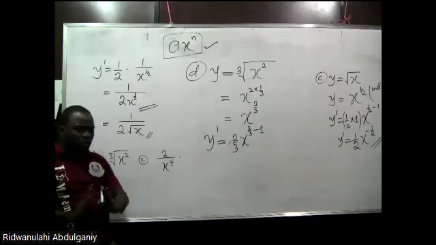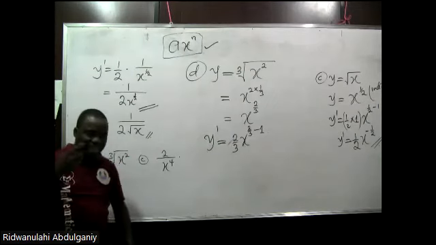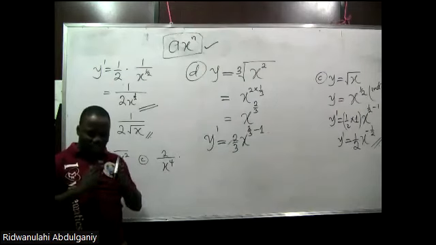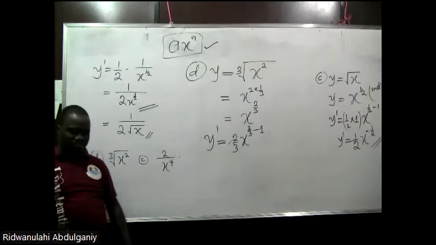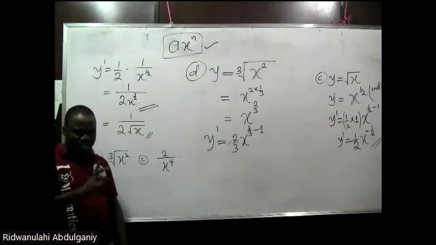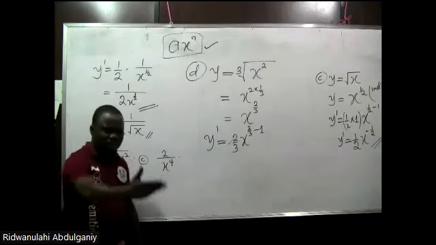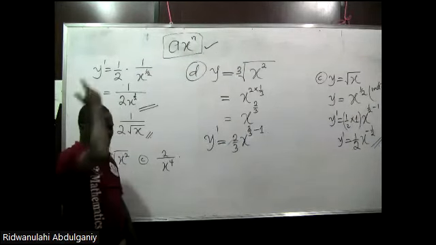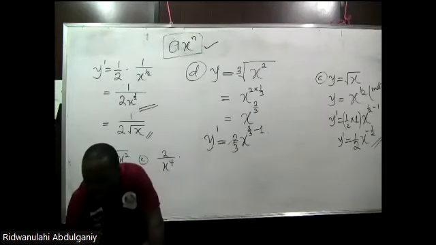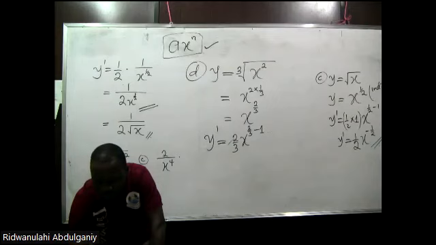You know exactly what to do, but because you want to quickly get the answer, you make mistakes at the initial stage. Please always take your time. At this stage, I don't expect anybody to quickly get the answer. By the time you do it two or three more times, you are accustomed to it, then you can tell me the answer directly. Thank you so much, Damilola. You're welcome.